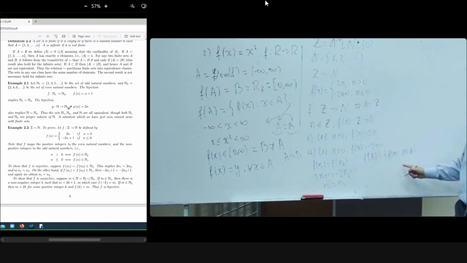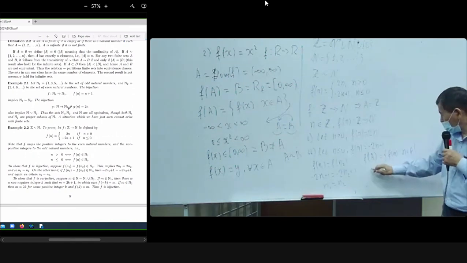A is Z. For the second case, f of n is minus 2n plus 1.